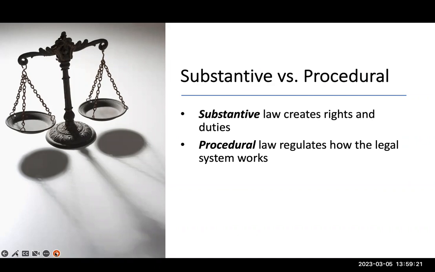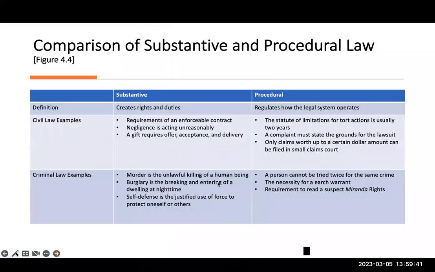So a substantive law may forbid, for instance, an assault against somebody. A procedural law regulates how the legal system works with respect to that assault, i.e. the statute of limitations that might apply and different types of procedures involved in the trial of the matter.